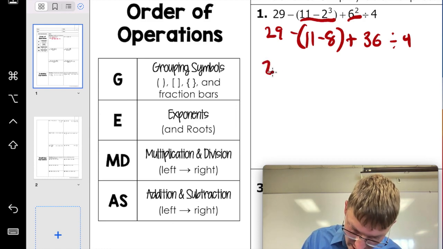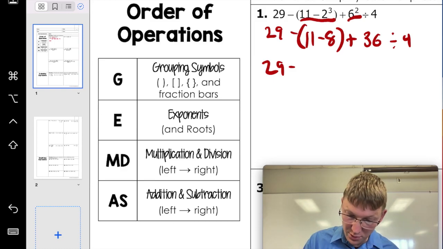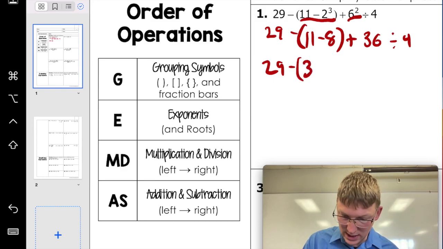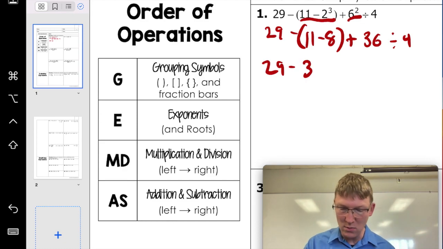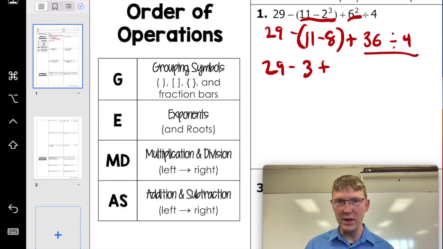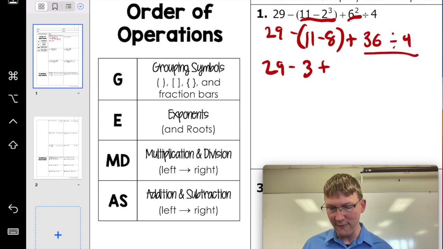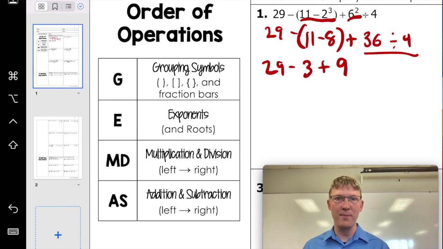We're not going to touch the 29 just yet, but 11 minus 8 is 3. So that's inside the parentheses, but I'm going to get rid of those. Don't need them anymore. Plus, we can also do this, 36 divided by 4. 4 times 9 is 36, so 36 divided by 4 is 9.